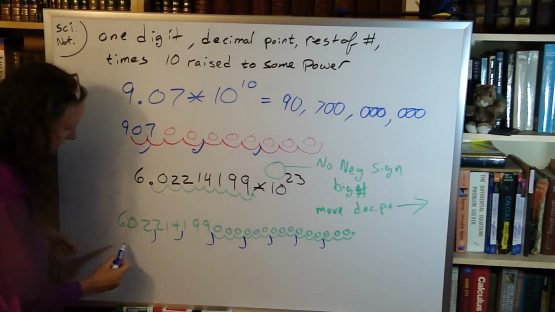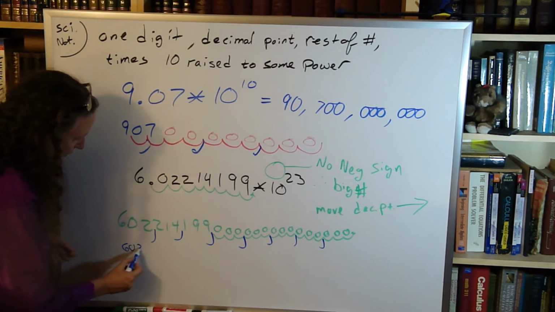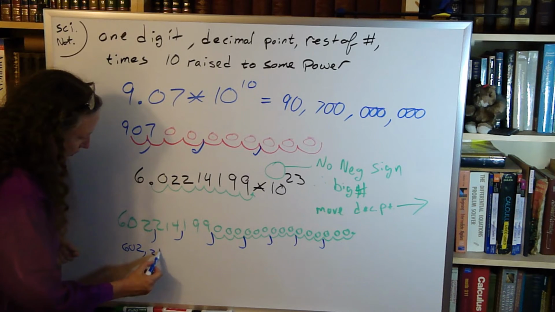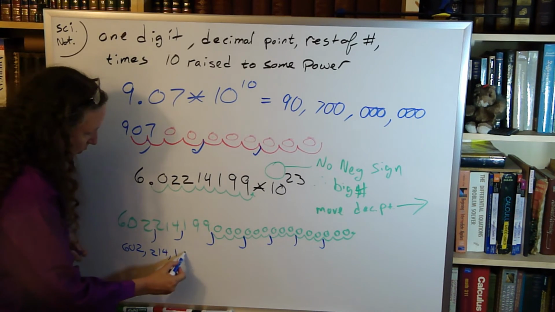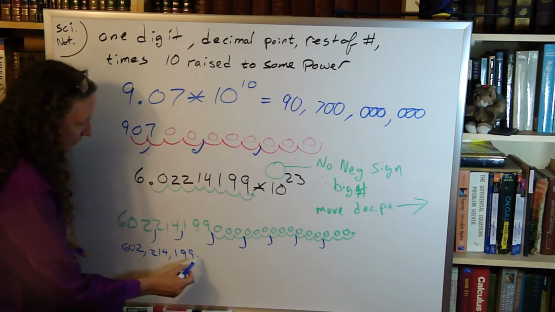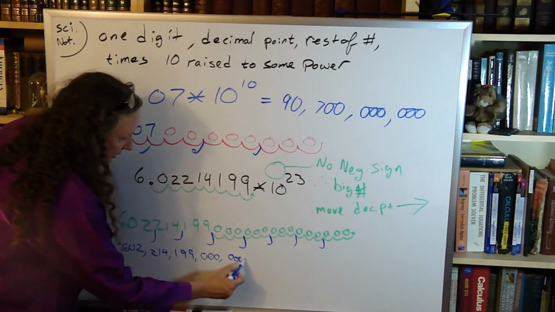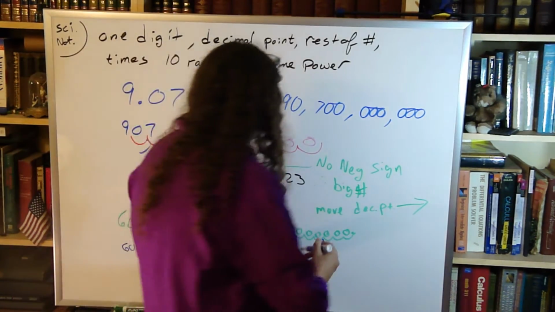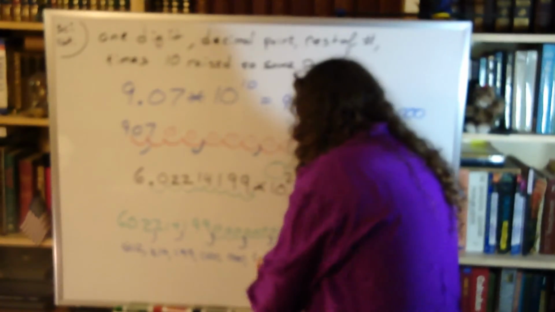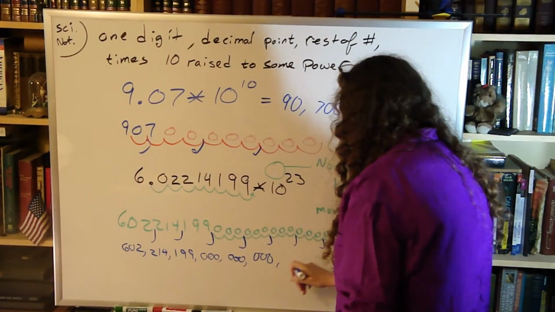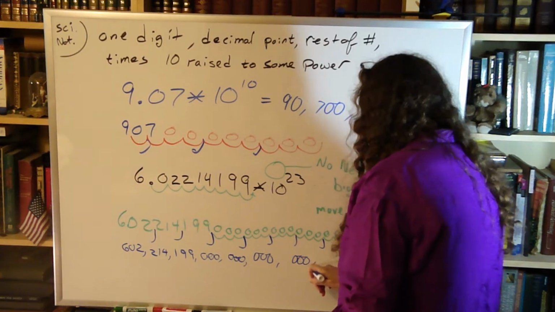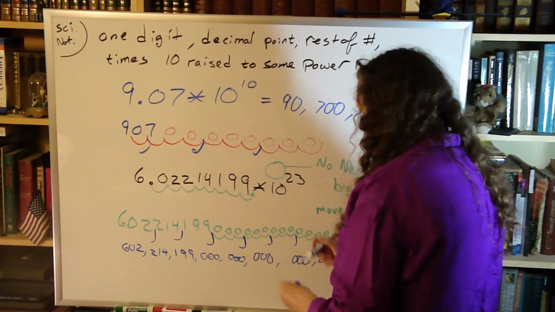So my number here, 602, comma, 214, comma, 199, comma, 000, comma, 000, comma, 000, comma, 000, comma, 000.